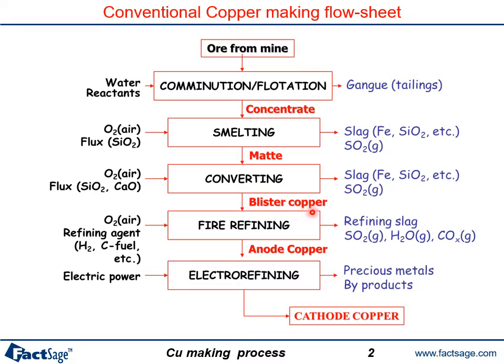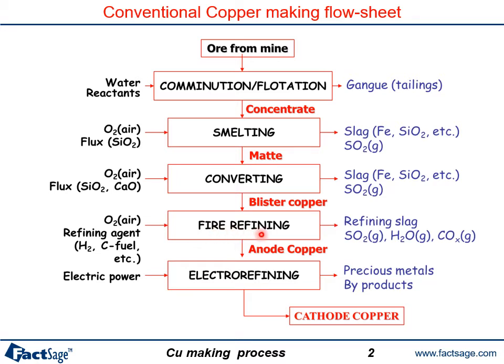And that liquid copper is called the blister copper because it contains a lot of the sulfur and the oxygen as impurity. So typically when you cool it down, it can make blisters inside of the liquid metals. So that's why we call it blister copper. And then this blister copper goes to the refining process, so-called fire refining.